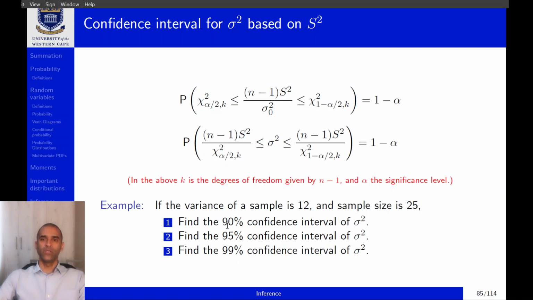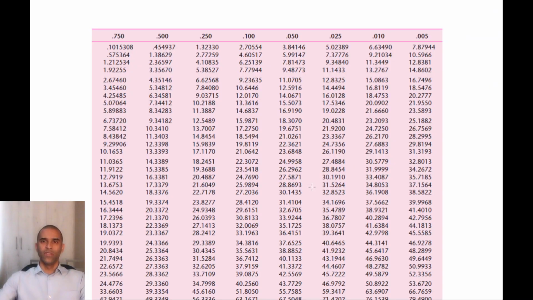So to get the value on the left side, we have to look for the column in the chi-square distribution table which has 0.05 at the top. In other words, we're interested in this column over here, and it so happens that the degrees of freedom are given by this row. It's not indicated on this particular page, but this is what it is. And so the number that goes into the left side of the confidence limit formula for chi-square distribution is 36.414.